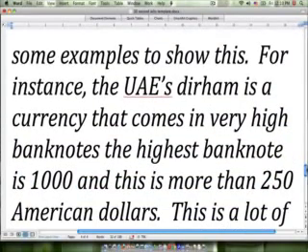For instance, the UAE's dirham is a currency that comes in very high banknotes. The highest banknote is 1,000, and this is more than 250 American dollars.